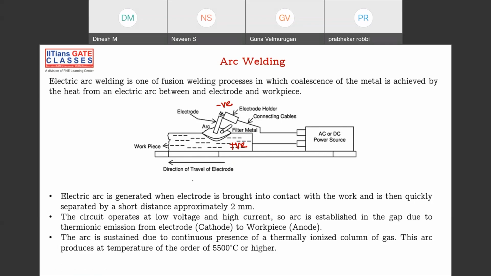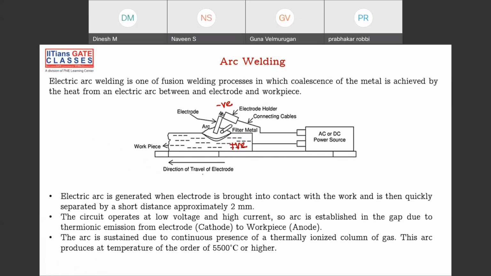Here, if the workpiece is given positive, it is called anode, and the electrode is given negative, it is called cathode. Sometimes you can do the reverse: you can give the workpiece negative and the electrode positive. That is known as reverse polarity. Whatever I have shown here is positive polarity, electrode negative, workpiece positive. If you reverse the polarities, it is known as reverse polarity.